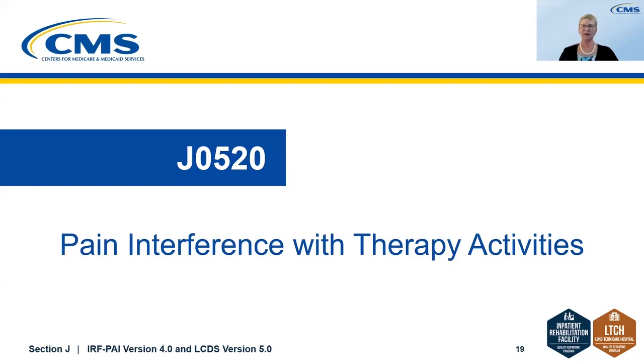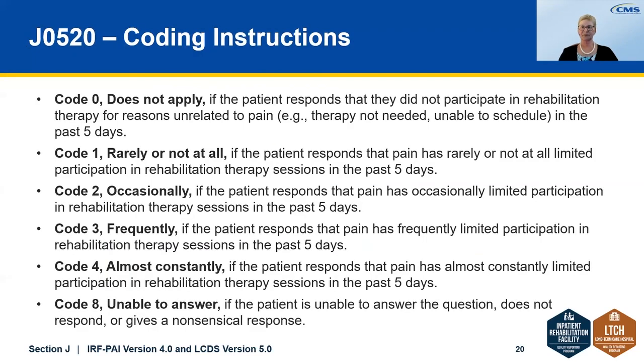Now let's move on to several coding examples for J0520, pain interference with therapy activities. Here are the coding instructions for J0520, similar to J0510. You will code 0, does not apply, if the patient responds that they did not participate in rehabilitation for reasons unrelated to pain.